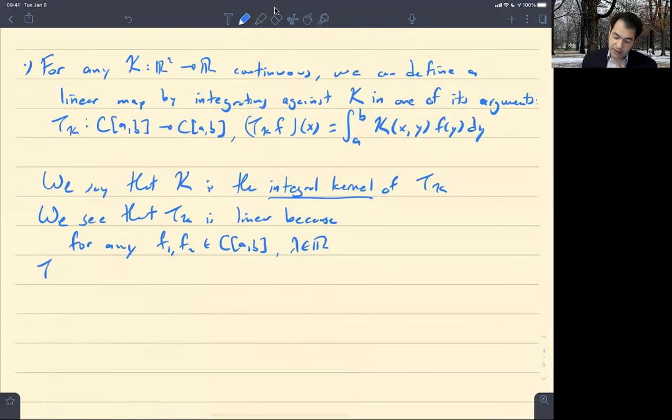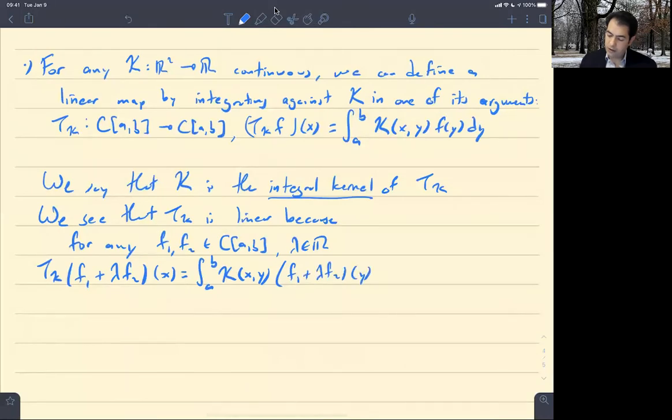Then I have to check what happens when I apply T sub k to F1 plus lambda F2. I'm going to get another function. Let's see what this function does to x. By definition, this is the integral between A and B of this integral kernel against this function, so I have F1 plus lambda F2 evaluated at y, dy.